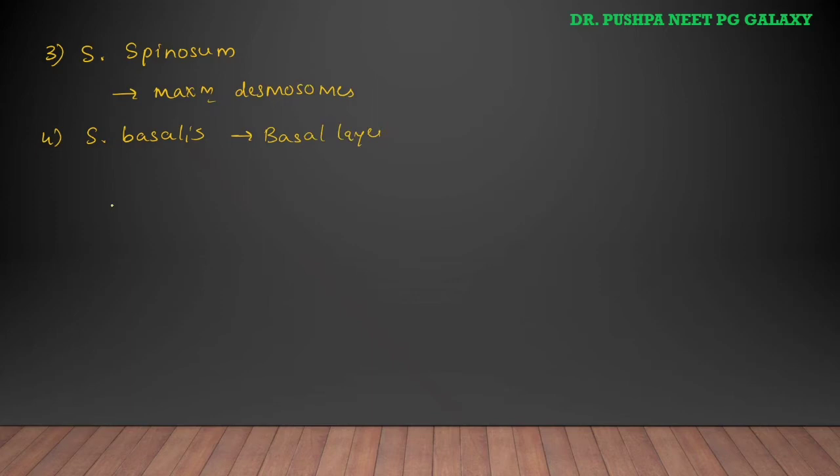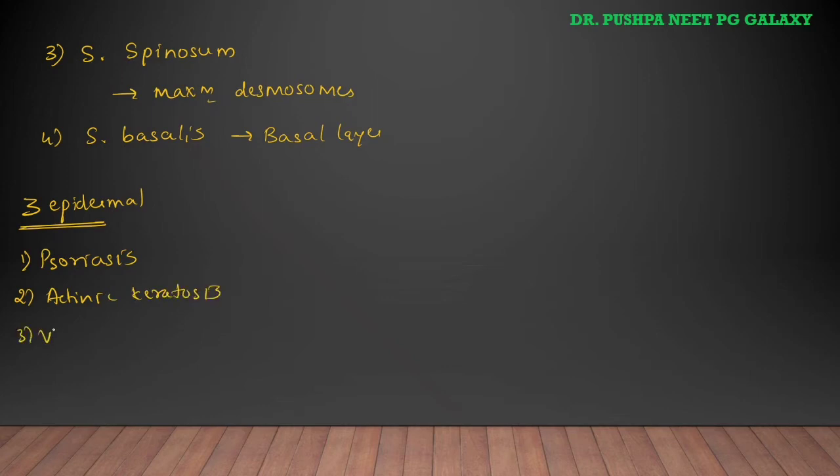In few conditions, there are only 3 epidermal layers: psoriasis, actinic keratosis, and in case of very low birth weight infants. In very low birth weight infants, there is absence of stratum corneum.